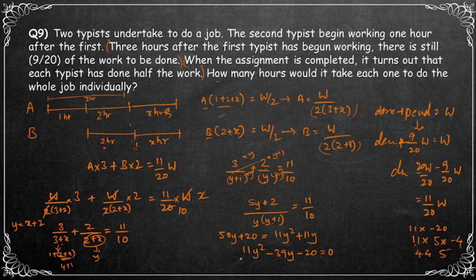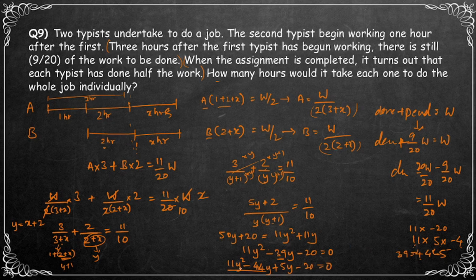If we rewrite this equation, 11y square, 39 as 44 minus 5, right? 44 into minus 5 will have the cross product. So 39 is equal to 44 minus 5, right? So if you do that, we will have 44y plus 5y minus 20 is equal to 0.